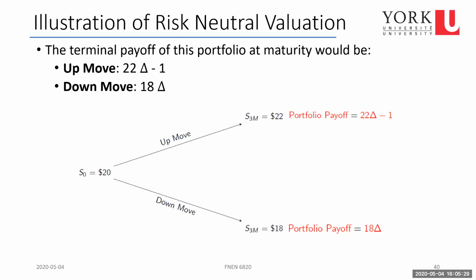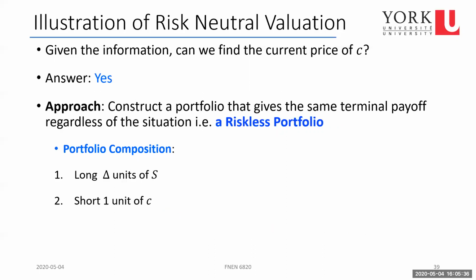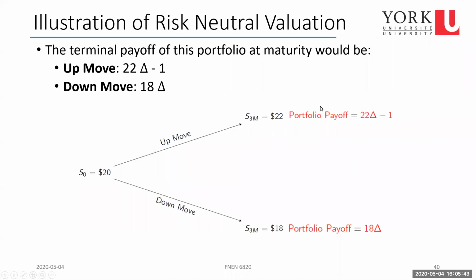If you look at the terminal value of this portfolio, where we are long delta units of S and short 1 unit of C: if the world is the up world, where the stock is $22, our portfolio value will become 22 times delta, because we are long delta shares, minus 1, because we shorted 1 unit of C, which is worth $1.